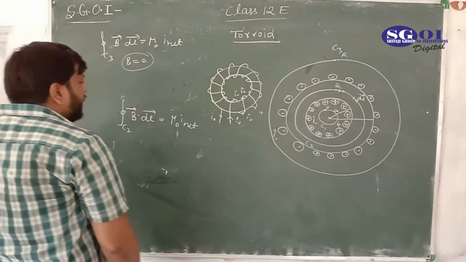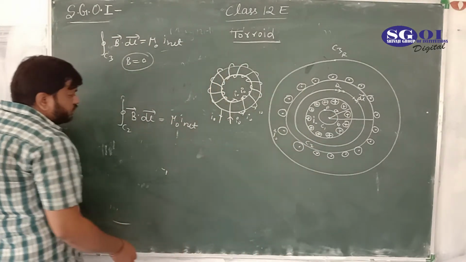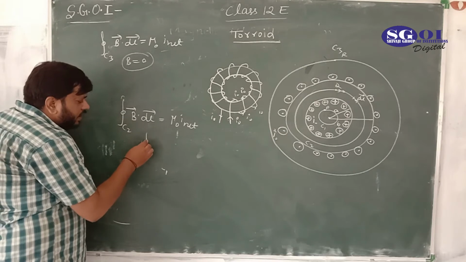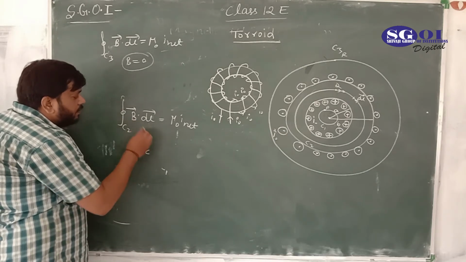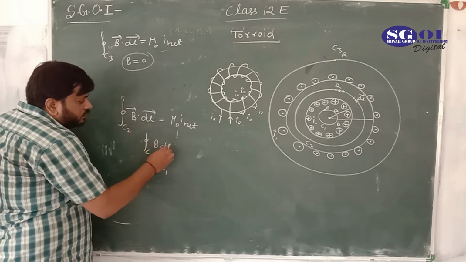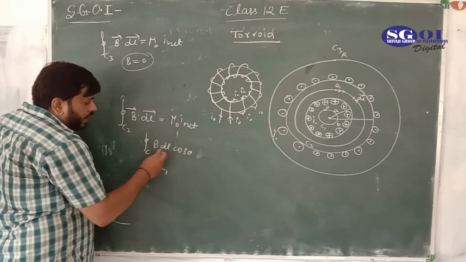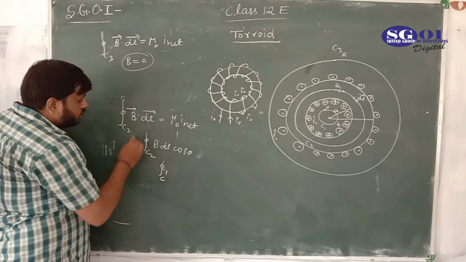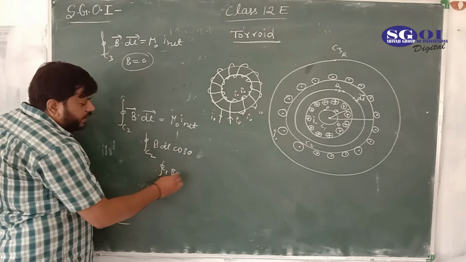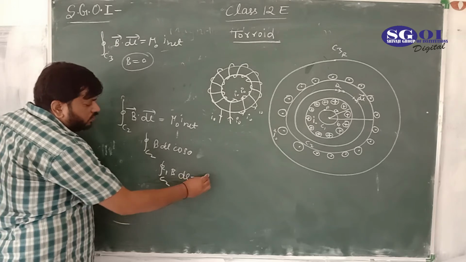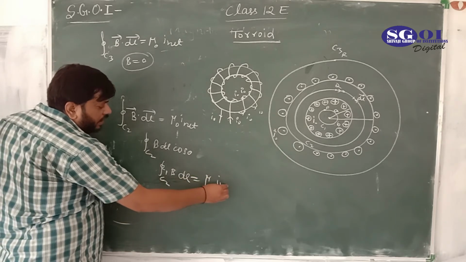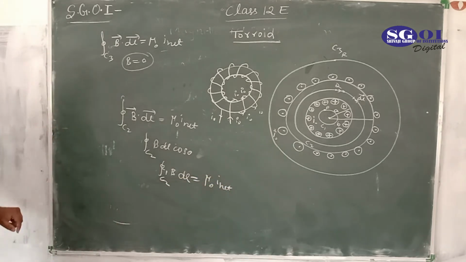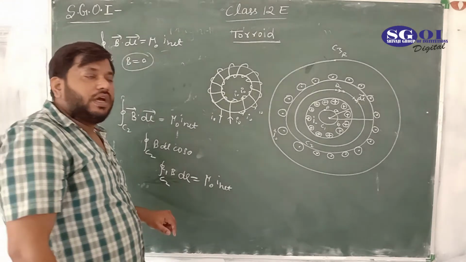So the angle between B and dl at a particular point is 0. So we can say the closed integration of B dot dl is B dl cos 0, and this is C2, and this is B dl equal to mu naught times I net.